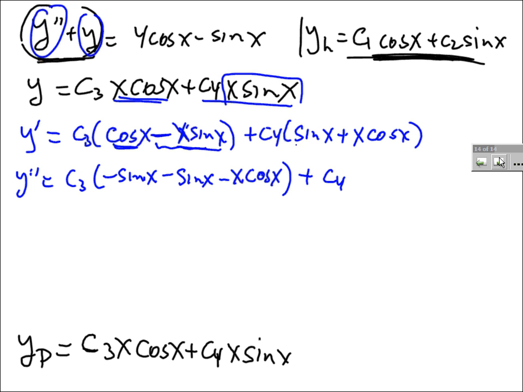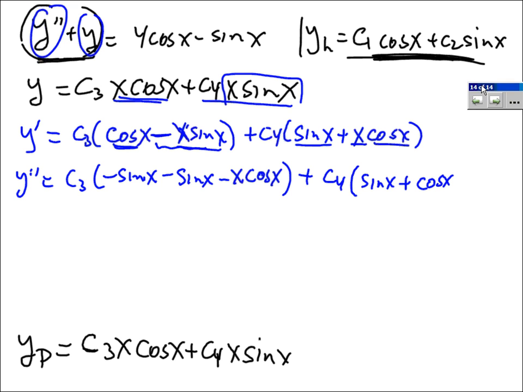Plus c4 times the derivative of that, which is cosine x, plus the derivative of that product. Derivative of x is 1 times cosine x, plus x times the derivative of cosine x, which is negative sine x.